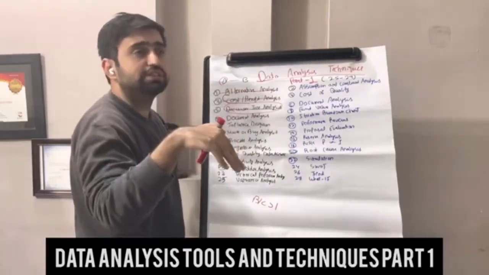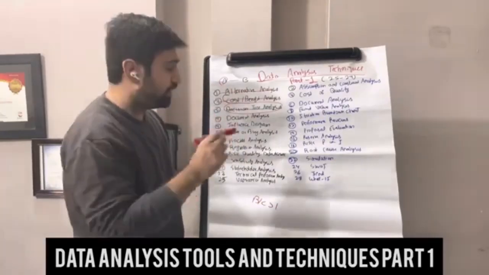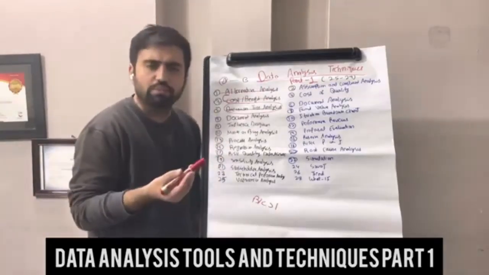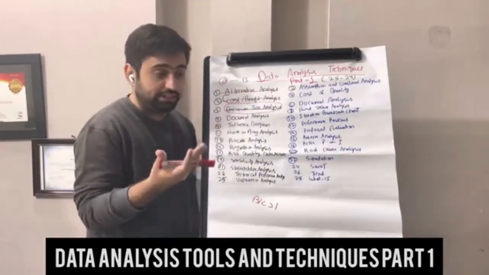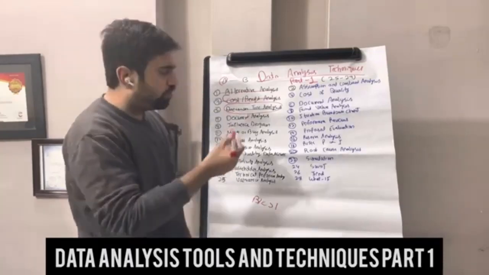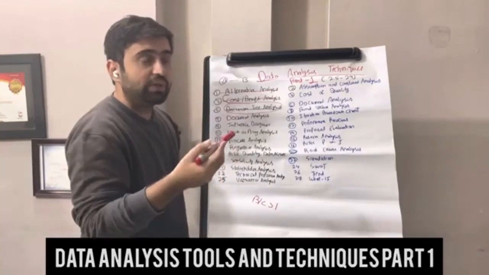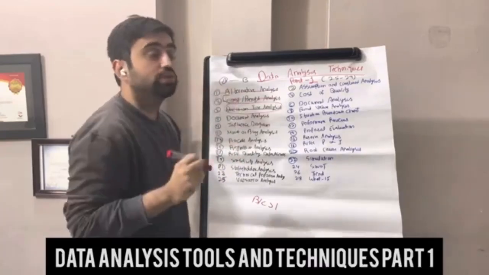We can also review the same document while closing the project. So it is a very important technique. Through this technique, we go through all the documents that are there at the start of the project. We review them, we analyze them, and we see what the things are that we need to go through.